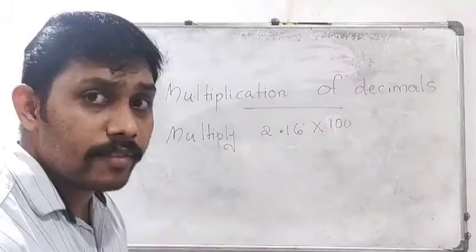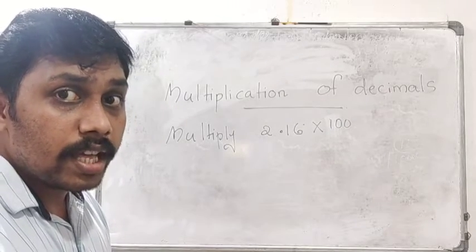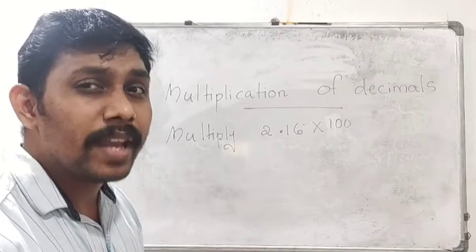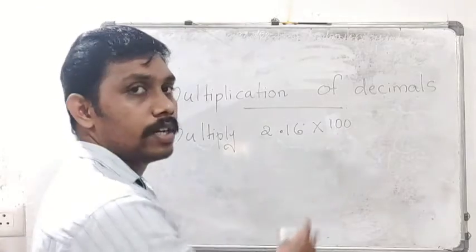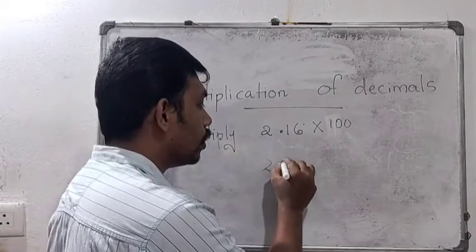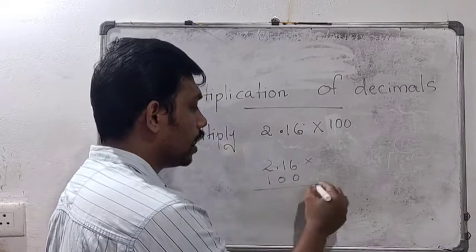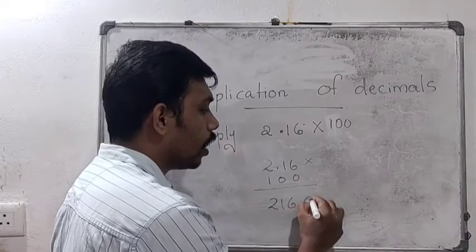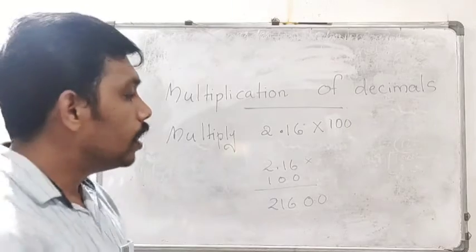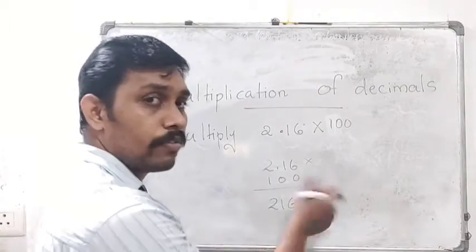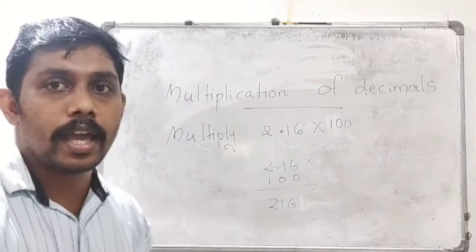If we multiply with 10, 100 or 1000, just count the number of zeros and shift the decimal point. Here we have 100. So write 2.16 into 100. The digits are 216. How many zeros? 2 zeros. So shift the decimal point 2 places.